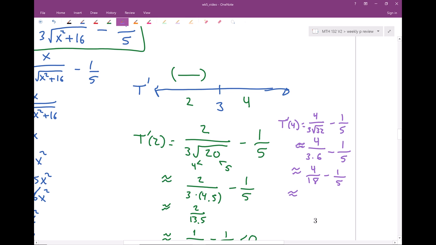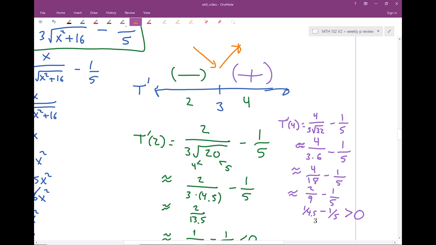So, okay, this is approximately equal to 2/9 minus 1/5. So again, I have something right here: I divided by less, and I subtract away when I divide by more. So this is going to be a bigger number, subtract away a smaller number. This is going to be positive here. So this indeed does go decreasing and then increasing.